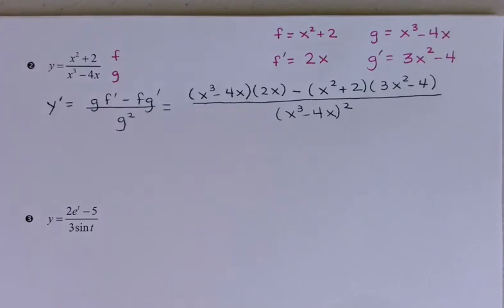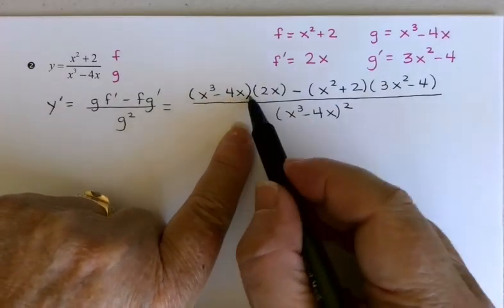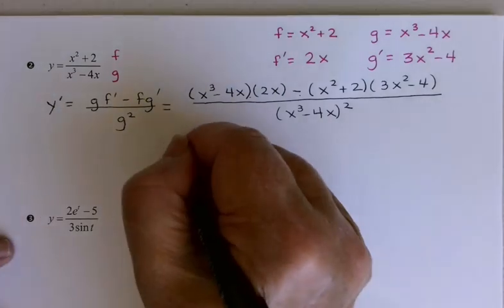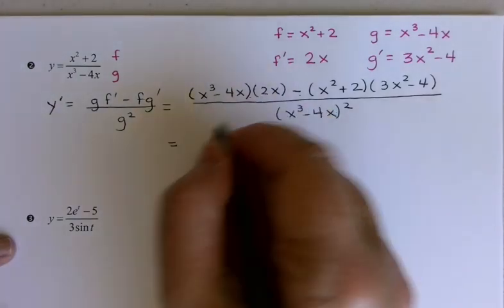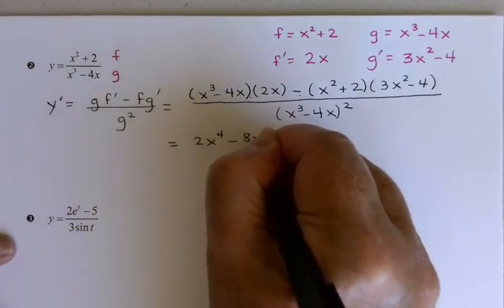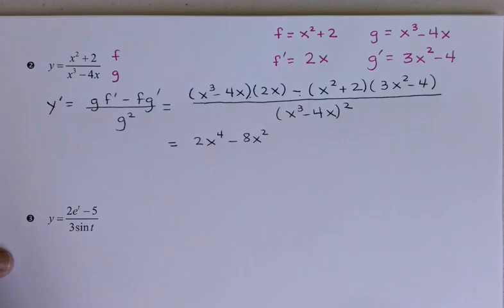Now again, I'm going to ask for basic simplification. The denominator is really no problem. The denominator is in a fully factored form, so I'm fine with just leaving that. But the numerator is a little weird, right? We got multiplication, subtraction, multiplication. Let's go ahead and multiply that out and see if we can simplify that numerator a bit. So distributing the 2x to the 4th, minus 8x squared.